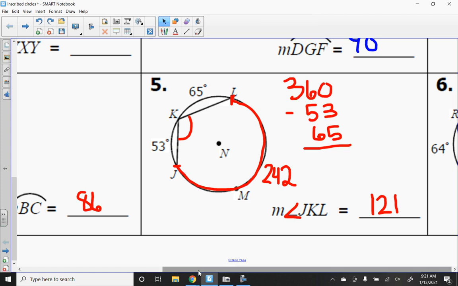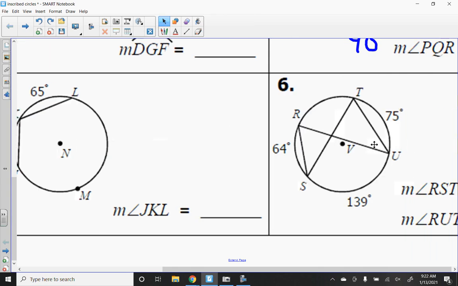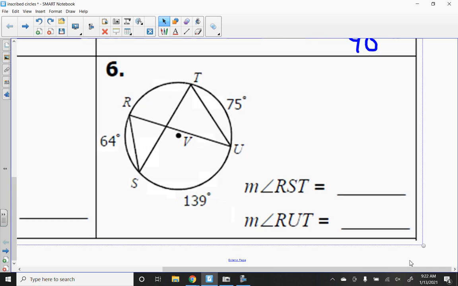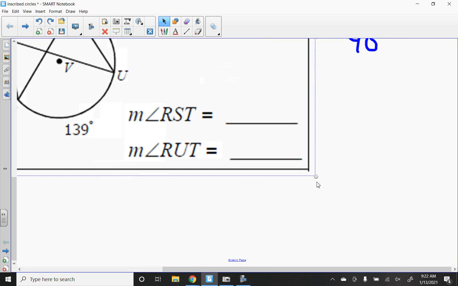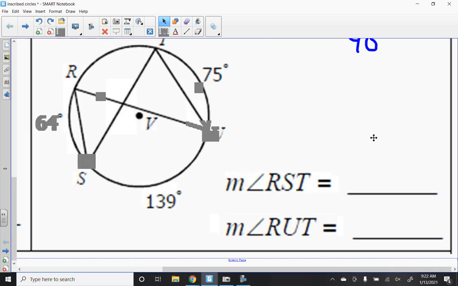Moving on to number 6. I am making a video, so you can rewatch this and go at a much slower pace if you need to. All right. This might take a little time to look at this one because there's a lot of big chaos going on. Looks almost like a spider web inside of this circle here.